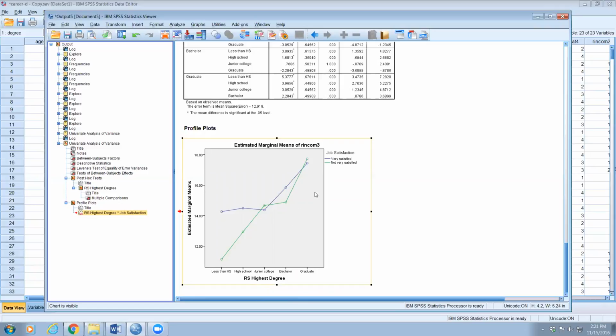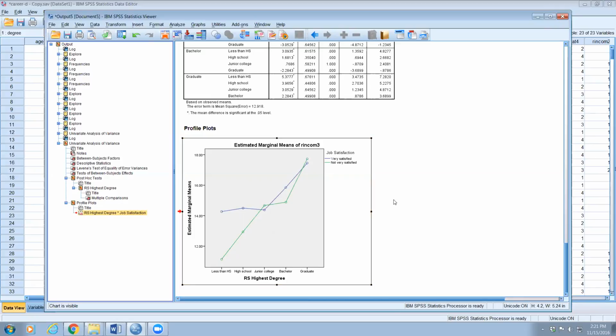If there is no interaction between the job satisfaction and the degree, then these two lines should be parallel. But they're crisscrossing and overlapping. That signifies that there is an interaction. But again, we need to do that via statistical testing, because this could be happening just by chance because of the sampling error. So that's the one thing you have to keep in mind.